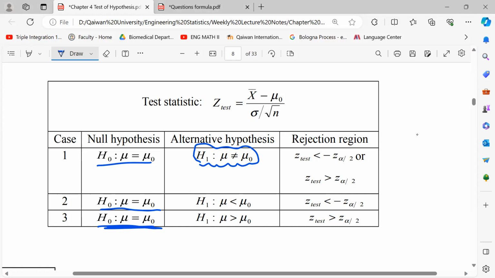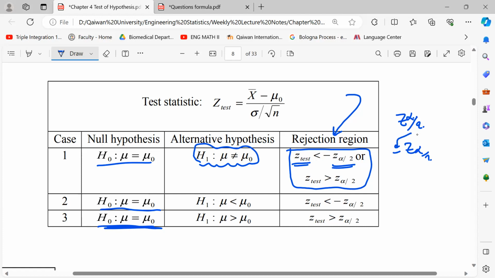We reject H0 if this is true. We find ZTS and Z of alpha over 2. If you find Z of alpha over 2, for obtaining minus Z of alpha over 2, just give a negative sign to it.